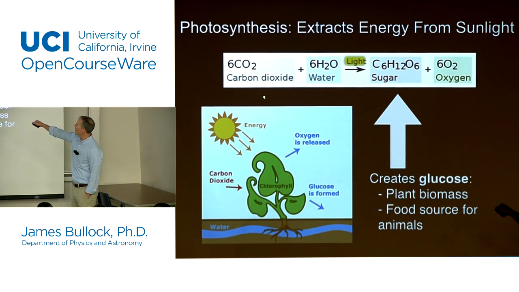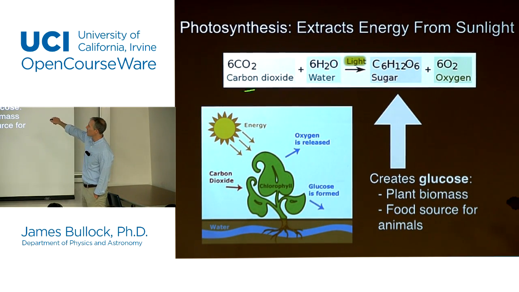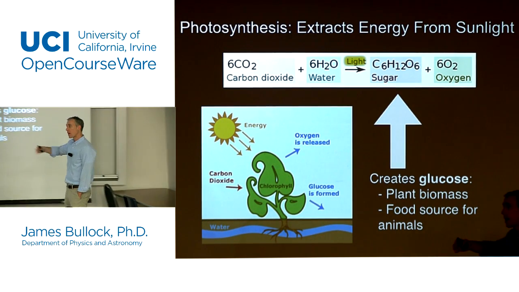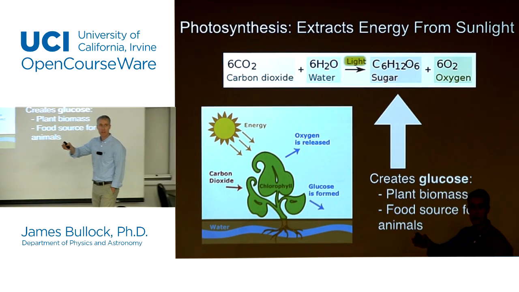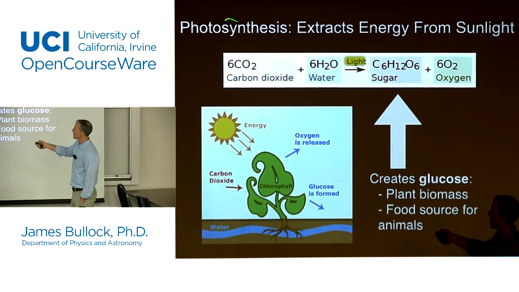So here is the simplified version of the chemical equation for what's going on. You have carbon dioxide in the atmosphere. Carbon dioxide was a very rich gas in the early atmosphere, so we think it's been plentiful for a while, and these days it's not that much.